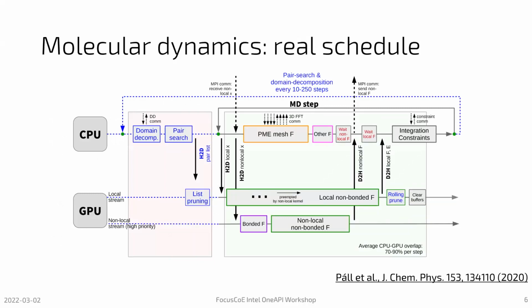It's one of the possible schedules because GROMACS can support different operations on either CPU or GPU, depending on the specifics of the hardware. For example, we might have multiple CPU cores per GPU, or we have many, for example, powerful A100 NVIDIA GPUs for 2 relatively low core count processors.